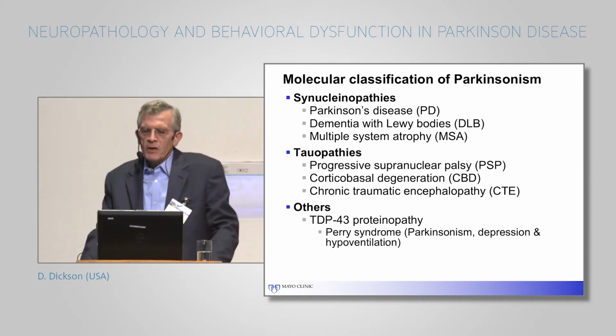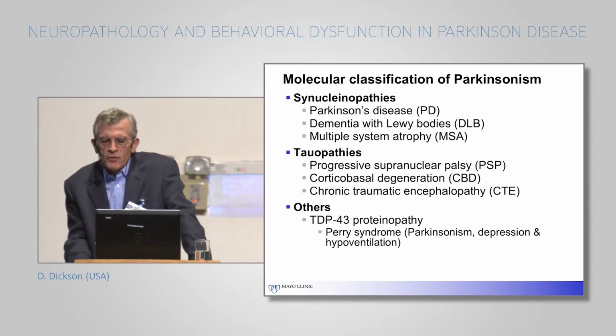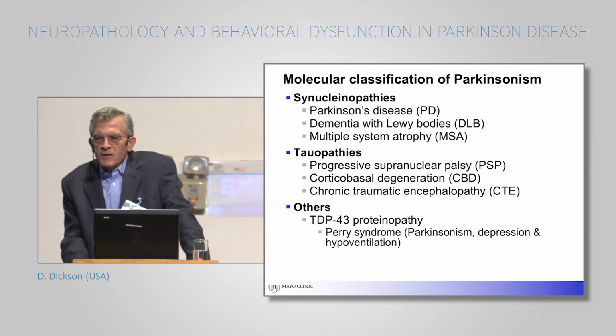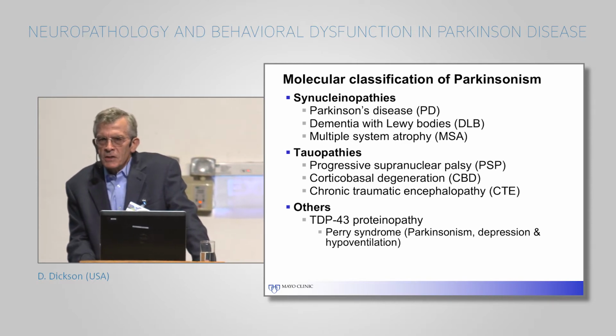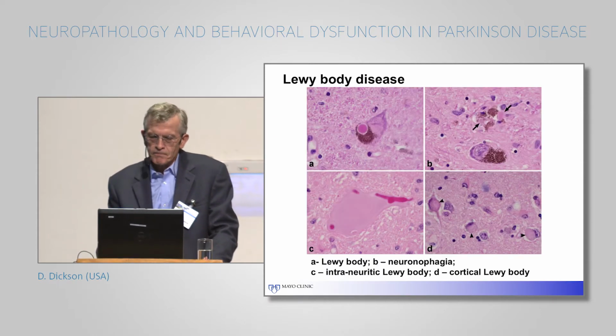There are a variety of other proteins that can accumulate in Parkinsonian disorders, and as one example, I'm going to talk about Perry syndrome. Perry syndrome is a Parkinsonian disorder in which TDP-43 accumulates. TDP-43 is the protein that accumulates in ALS, Lou Gehrig's disease, and in frontotemporal dementia.